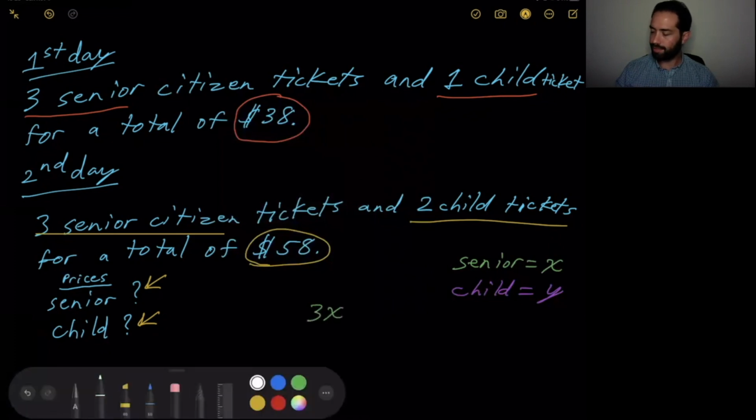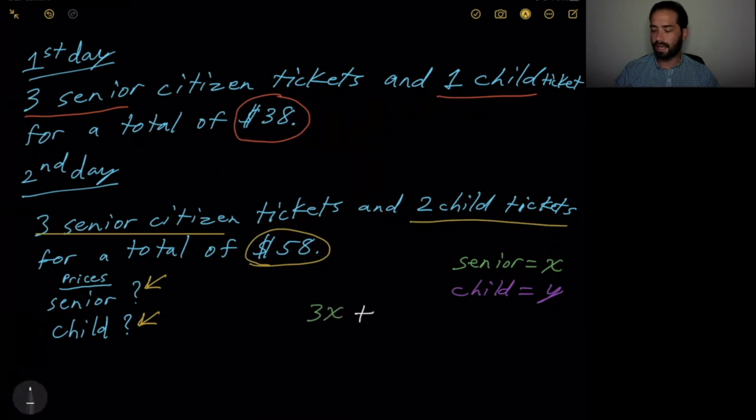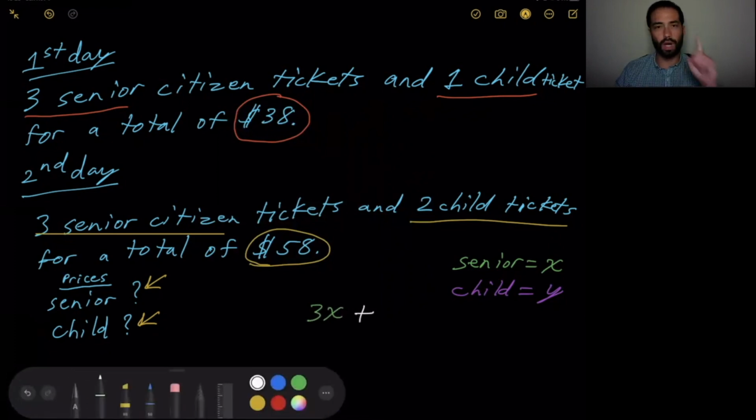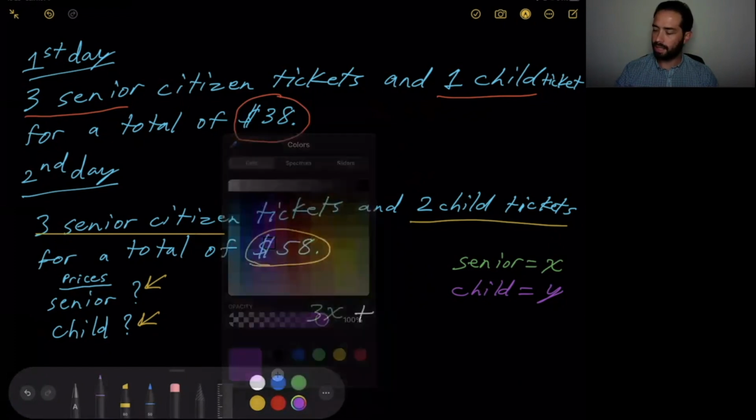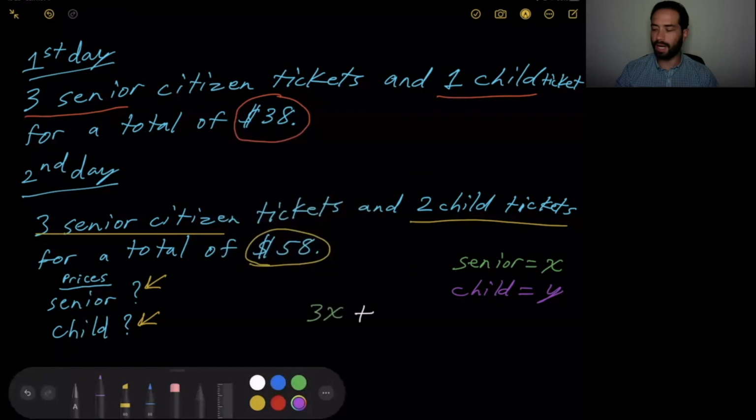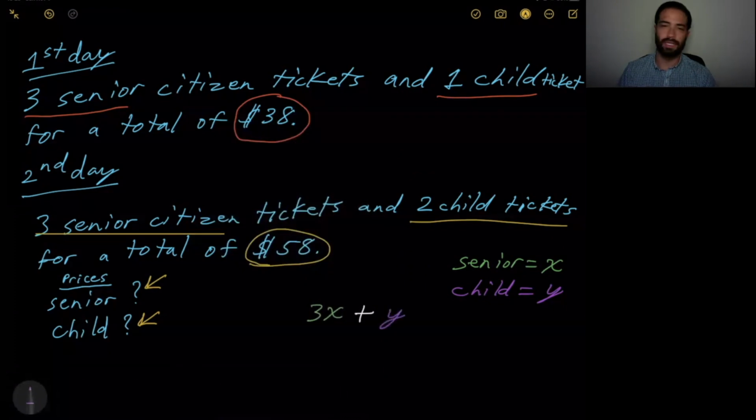All right, plus we sold 1 child ticket. So child ticket is Y, and if it's 1, we don't write 1Y, we just write Y. Because when I look at this, I know that there is 1Y.